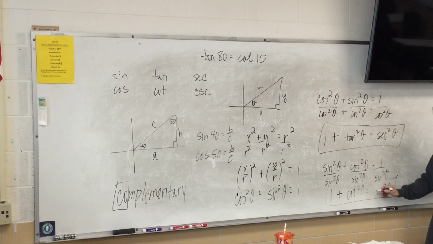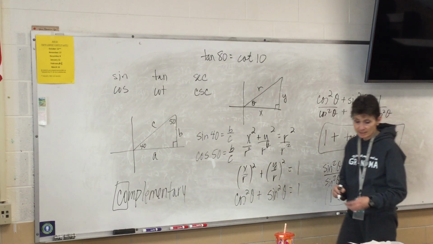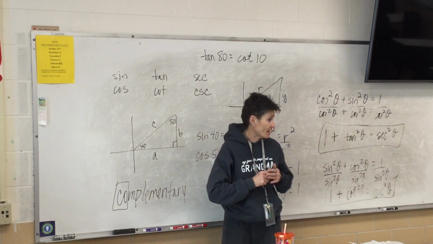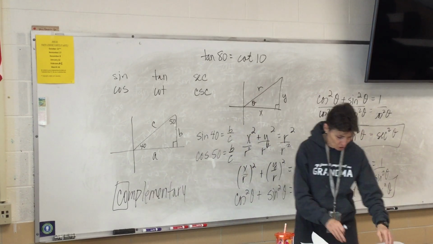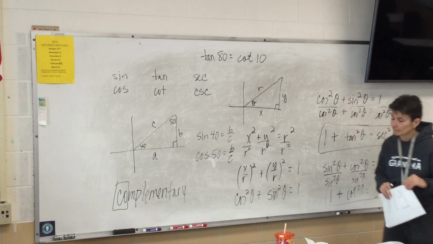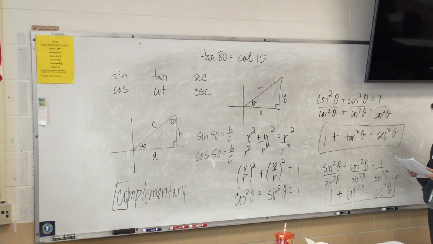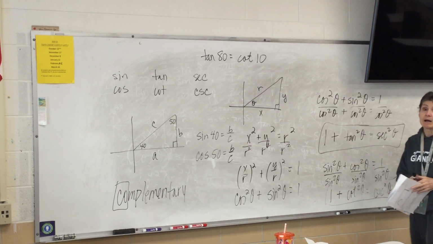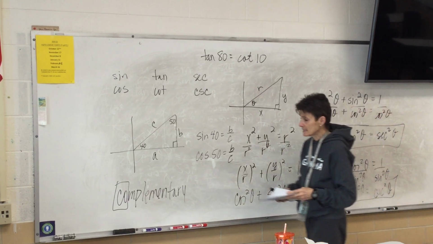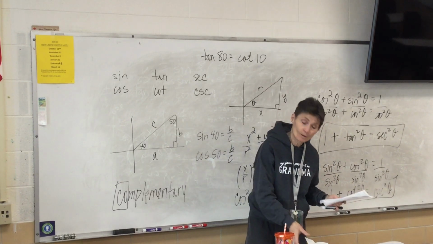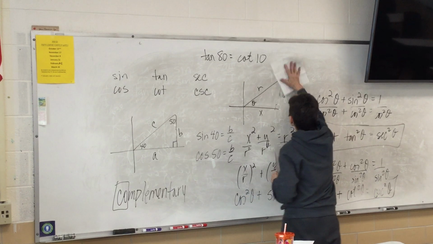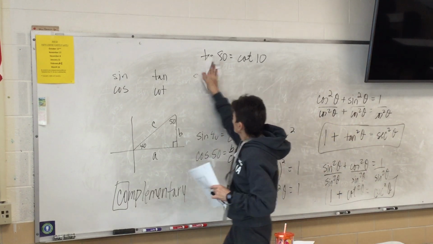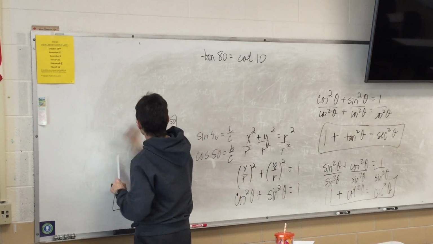So there are only 3 Pythagorean identities, and they each link 2 functions. All those identities are important, so please start working on those. It's okay if you wait until after your test to start working on those, but you do need to start working on those.